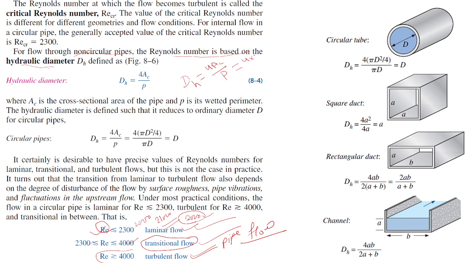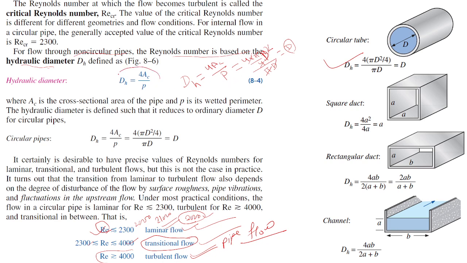Let me calculate for your circular pipe. 4 times area: area is pi by 4 D square. Perimeter is pi D. Pi cancels, 4 cancels, one D cancels, only D remains. So it works for your characteristic length.